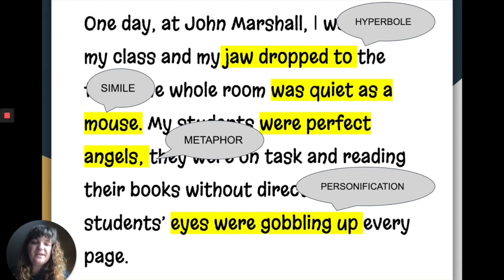So, that's personification because we're talking about eyeballs, and the eyeballs were eating every page of their book. So if eyeballs are literally eating, and if we know that gobbling also has a positive connotation where you're like, nom, nom, nom, right? Then we must infer that the students were eating up the book with their eyes. So that doesn't actually happen. So what that means is they were paying so much attention that they were just in the zone.